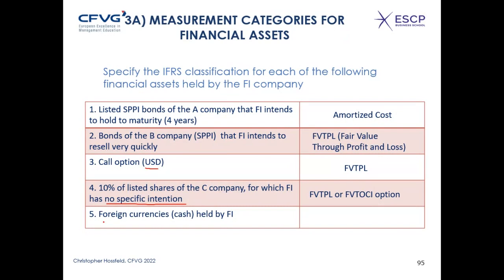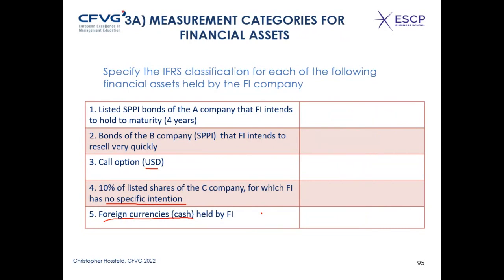Okay. And finally, I have cash in foreign currency that is held by the company. Well, cash is always in the category fair value through profit and loss. So it means here in foreign currency, that means I need to translate my cash in the local currency, and any fair value gain or loss that I have based on this would go in my income statement directly.